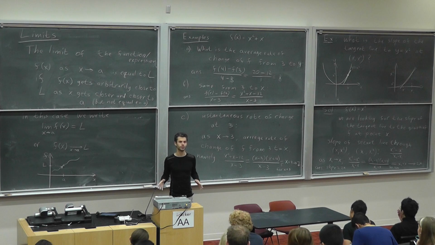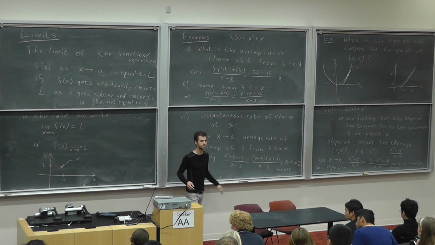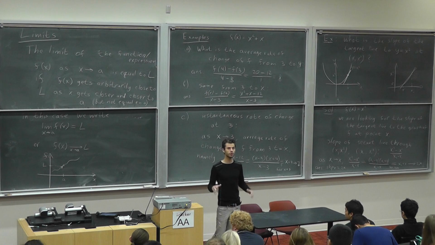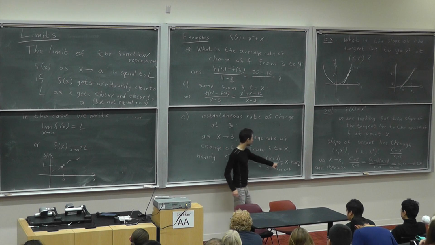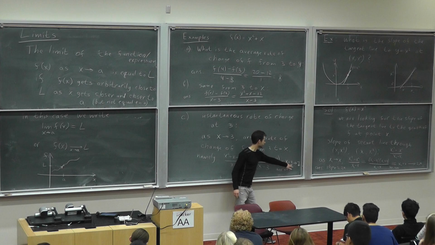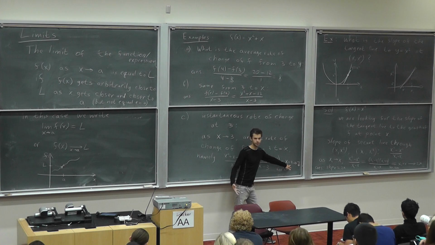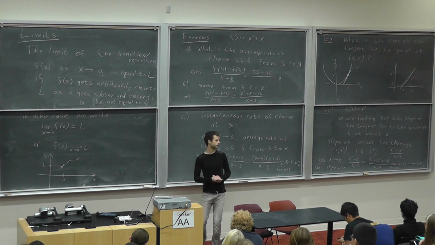And there is nothing you can do about it. You cannot plug in x equal to 3 to this function because the answer is going to be 0 divided by 0, which is not defined. But nearby values, when x is close to 3, but not quite 3, give you some expression. When x is close to 3, the function is close to 7.